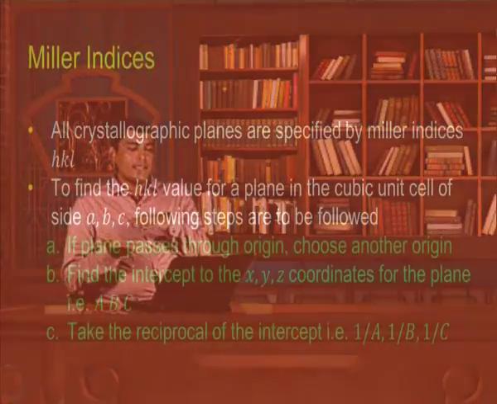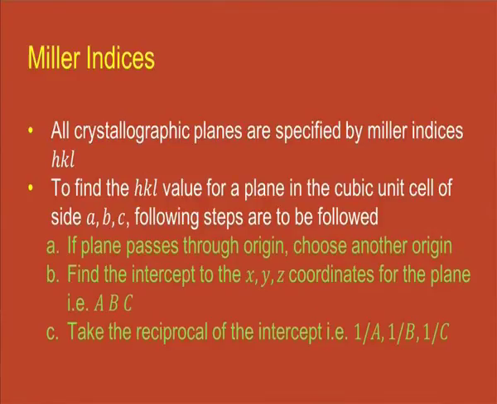Now, every crystallographic plane in the crystal is defined by Miller indices, which are represented by 3 notations, that is H, K and L. To find out the H, K, L value for a plane in the cubic unit cell of side a, b, c, the following steps are to be taken.